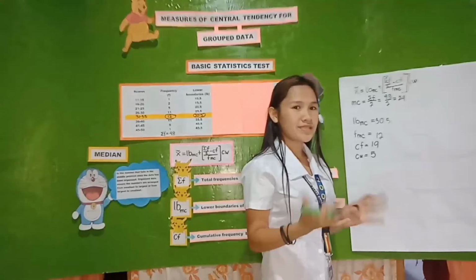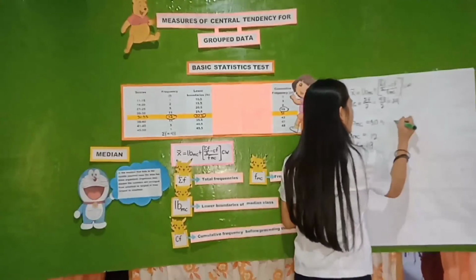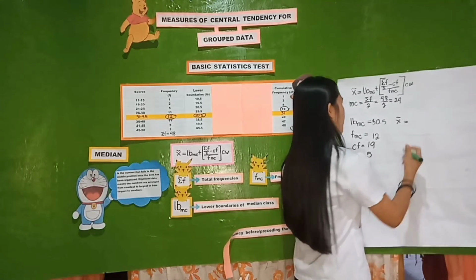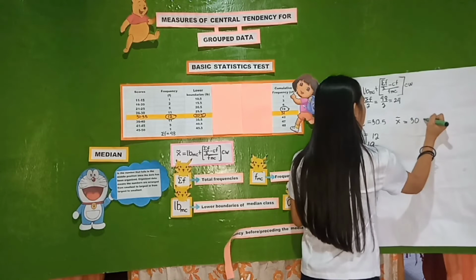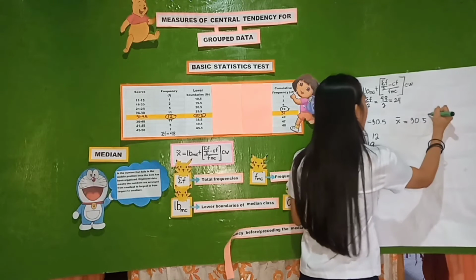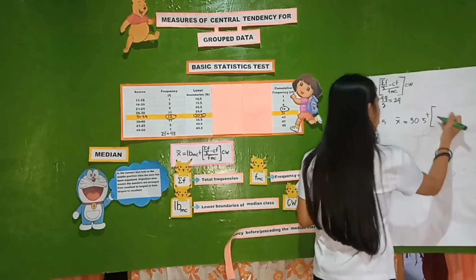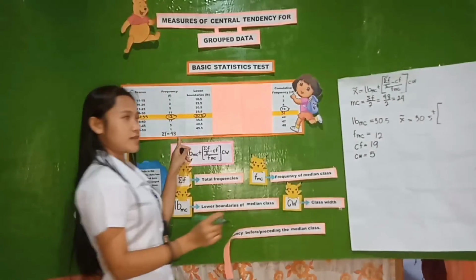So we will substitute it using the formula. Median equals lower boundary, 30.5, plus summation of F. Summation of F is 48.